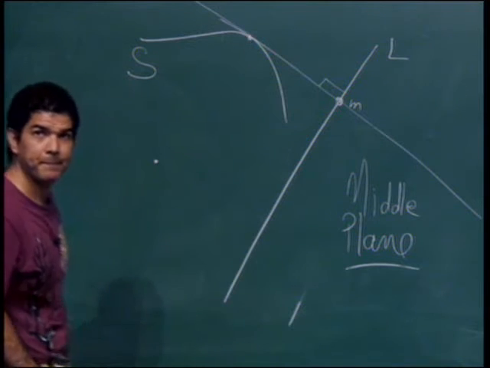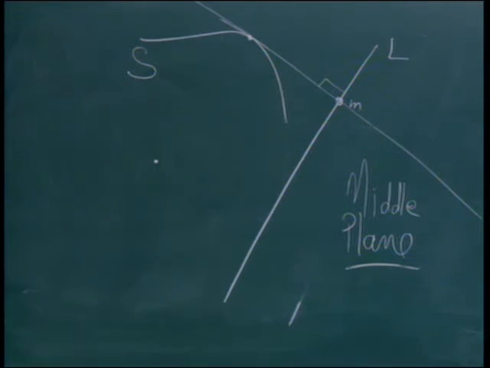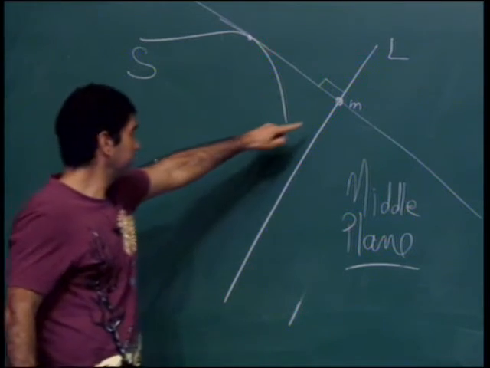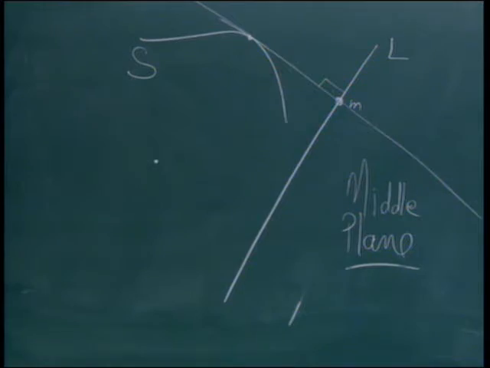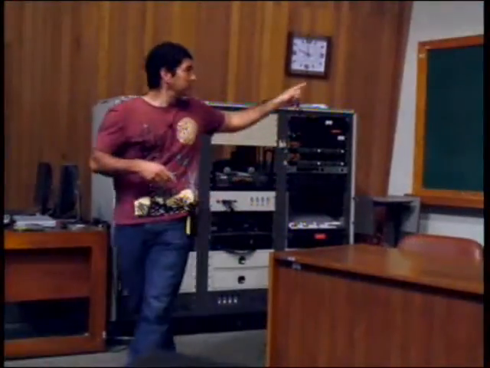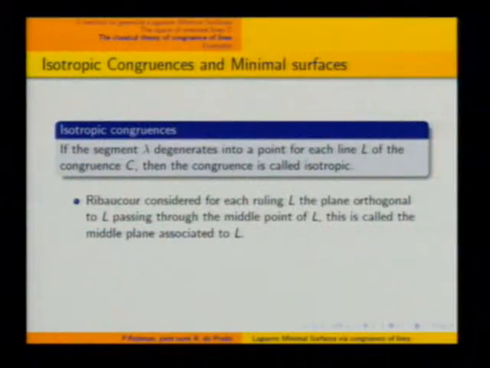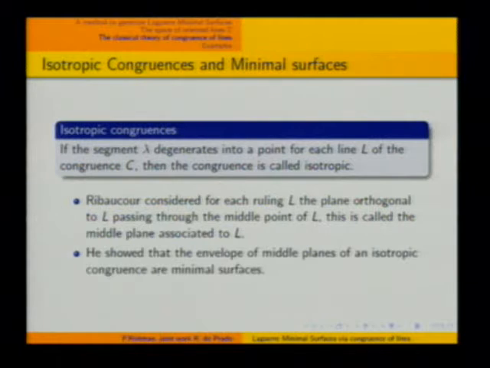So this is called the middle envelope of the congruence of lines. And what Ribaucour discovered is that if you start with an isotropic congruence of lines, the envelope is a minimal surface, right? That's what he did. I think it's a beautiful result. It used to be known.